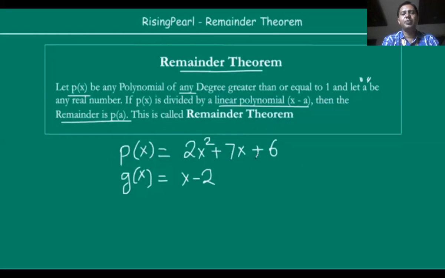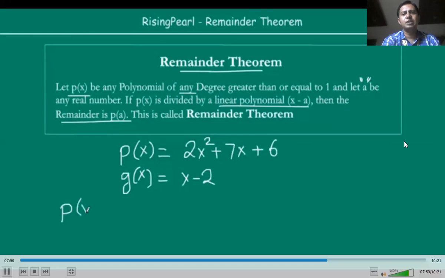When we divide P(x) by G(x), as per the remainder theorem the remainder will be P(a). In this case, the value of a is 2.